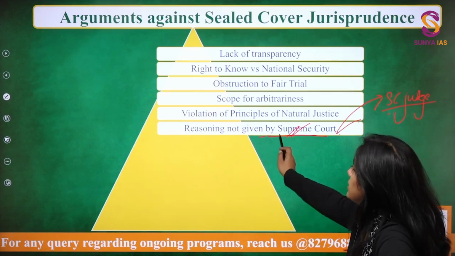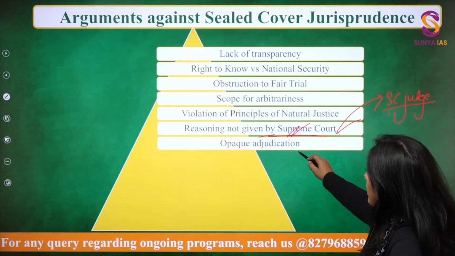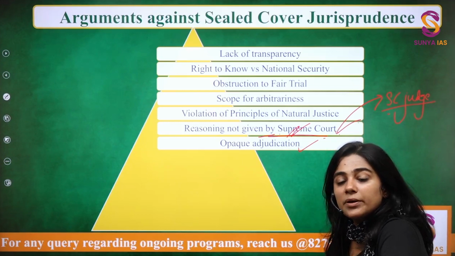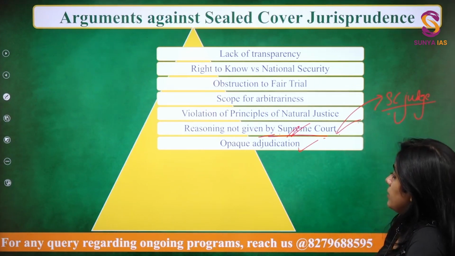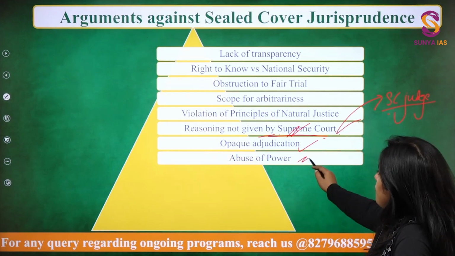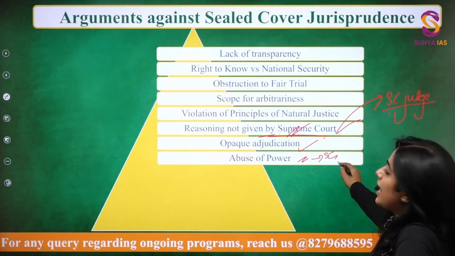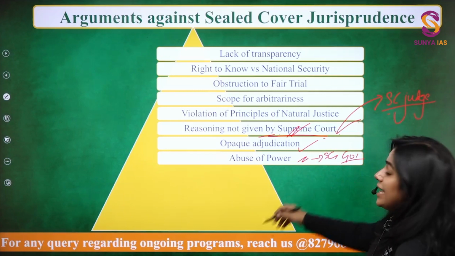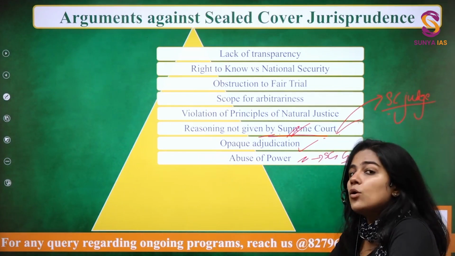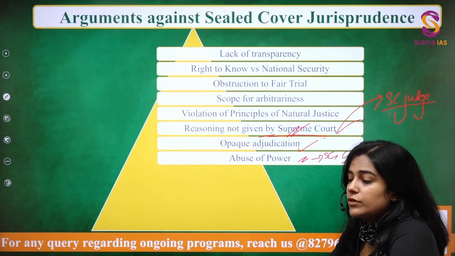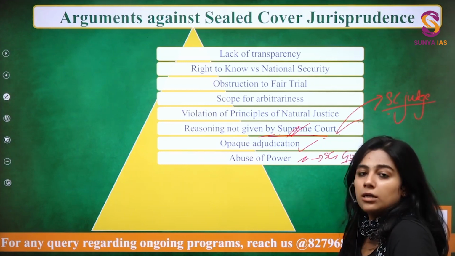So the reasoning is not given. Opaque adjudication happens because the reasoning is not given and information is not available. Abuse of power both by the Supreme Court and by the government of India is happening, and this is where the Supreme Court has now come forward and said that sealed cover jurisprudence needs to be curbed.